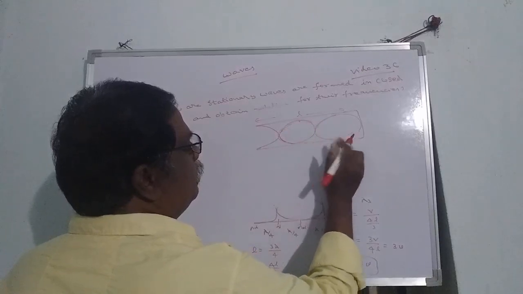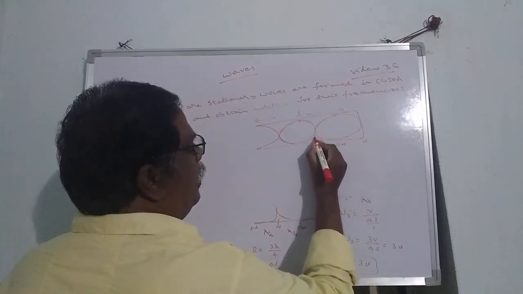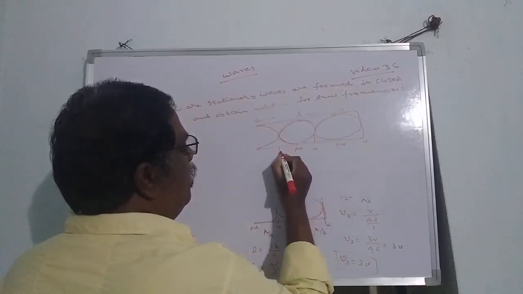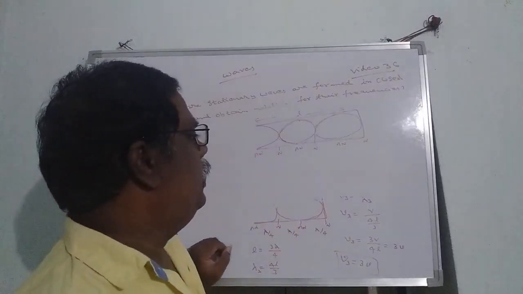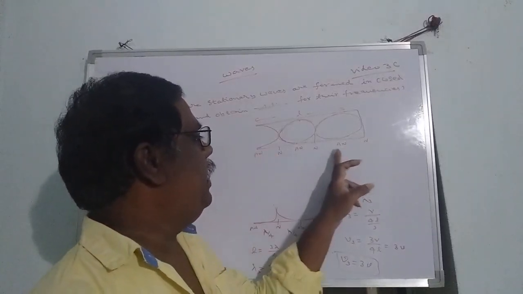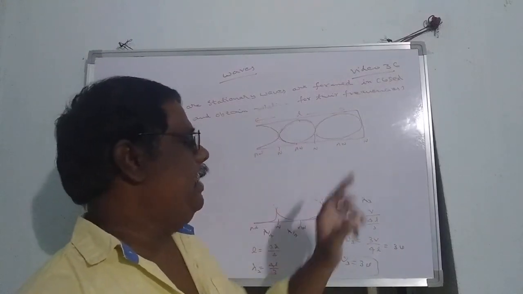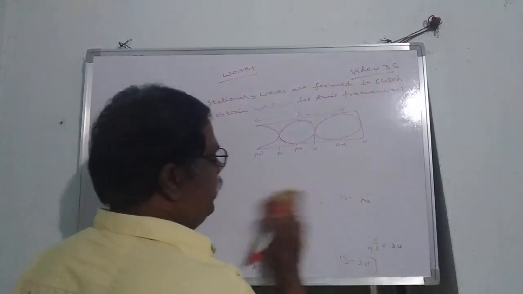Like this, here node, antinode, again node, antinode, node and antinode. Here see how many antinodes there are: 1, 2, 3. How many nodes: 1, 2, 3. Compared to the second one, nodes and antinodes have increased.